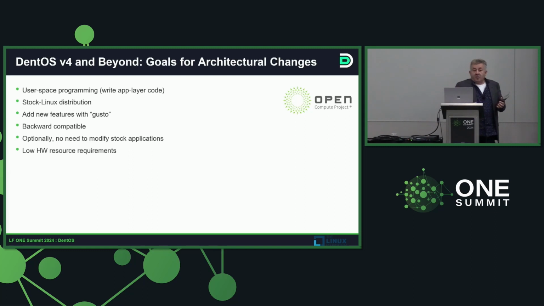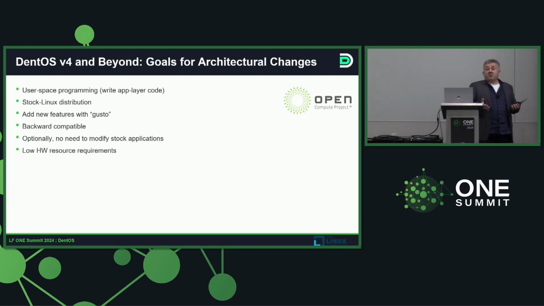We do like switchDev for another reason, and this is the last point here. It requires very little resources. In the last release, for example, switchDev needs only about 52 kilobytes of memory on top of what the existing Linux distribution, the Dent distribution, needs.